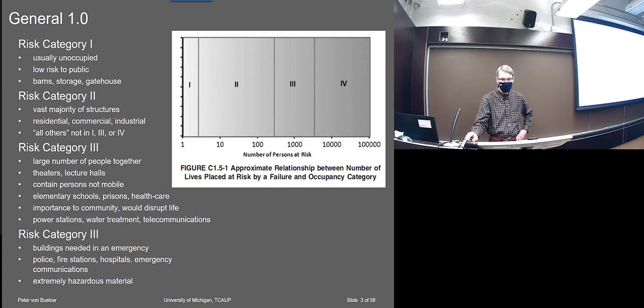That would be the impact, the number of people that would be impacted if the building actually failed. If you think of your garage or your barn, that's not so critical if it were to fail, so it gets a pretty low factor.